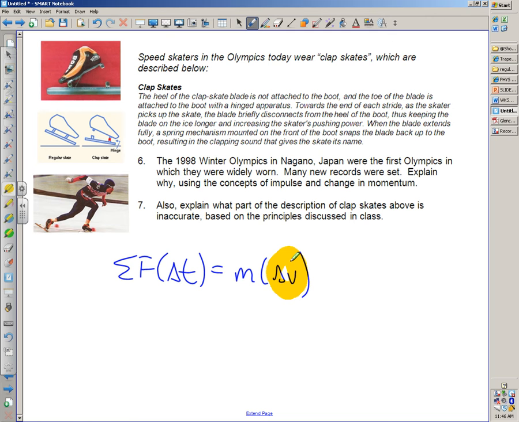And if the skate is touching the ice longer, what is the ice doing longer to that person? Pushing them, right? So you work out and you make the force that you apply to the ice as big as you can. But then you wear your clap skates, and now you're applying that force for an even longer amount of time. If that's the case, what's going to happen to your change in velocity with each stroke? It's going to go up. And if your change in velocity is bigger, now you've become the Olympic champion.